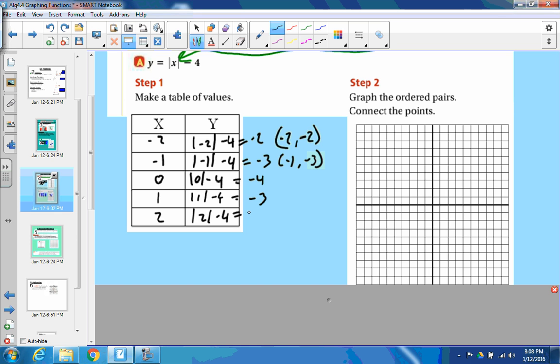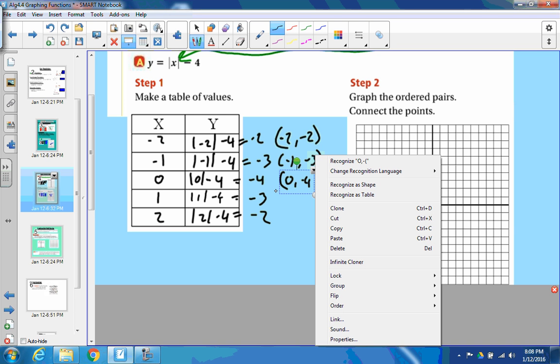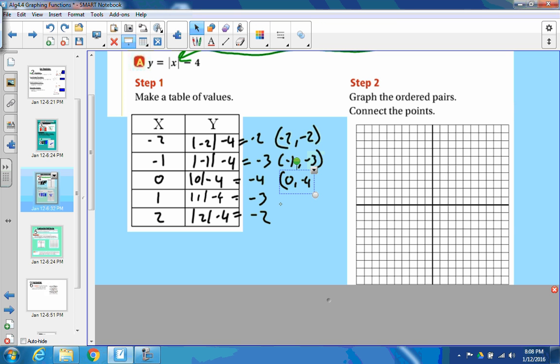Minus 4 would be negative 2. So our other ordered pairs here are 0, negative 4, 1, negative 3, and 2, negative 2.